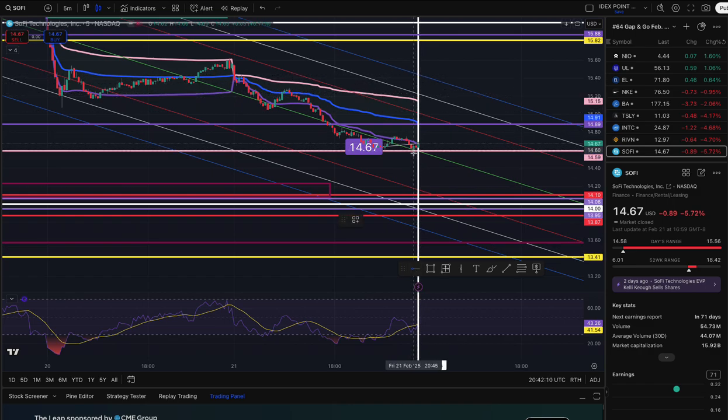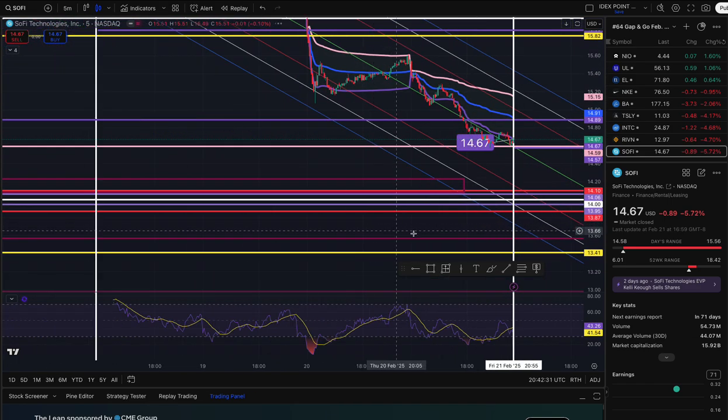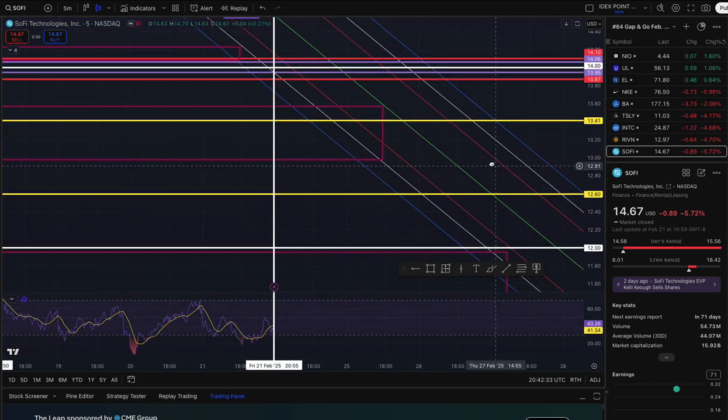To the south side, back to a spot we've been. That pink line is a spot that I've sold this ticker, so ignore that, no longer in play for me. I got rid of those shares. 14.17, 13.95-ish, and 13.74.